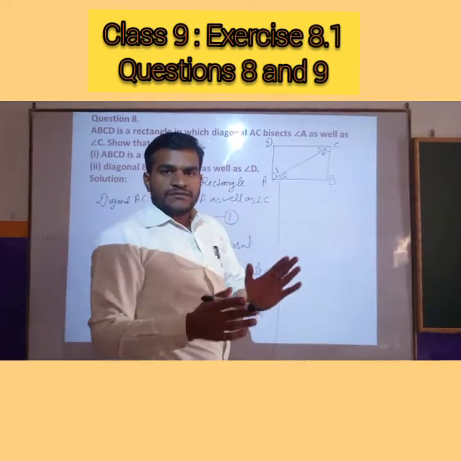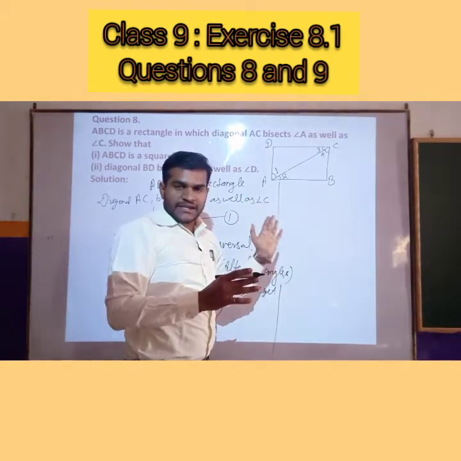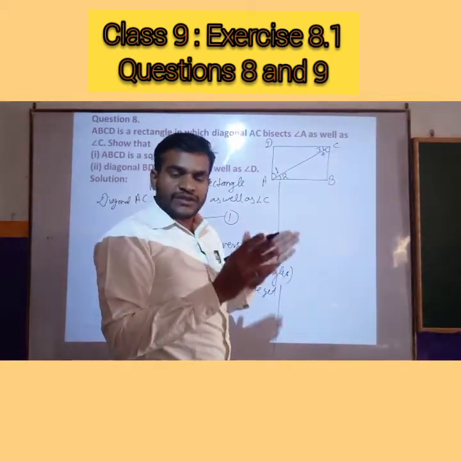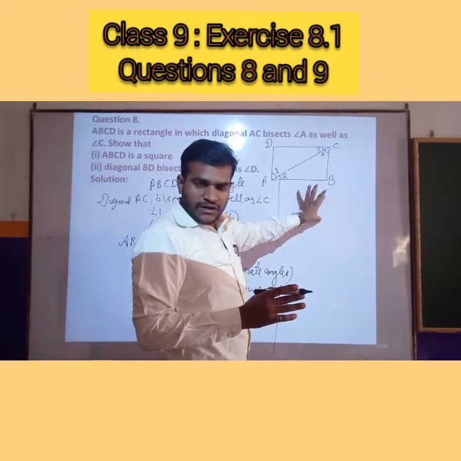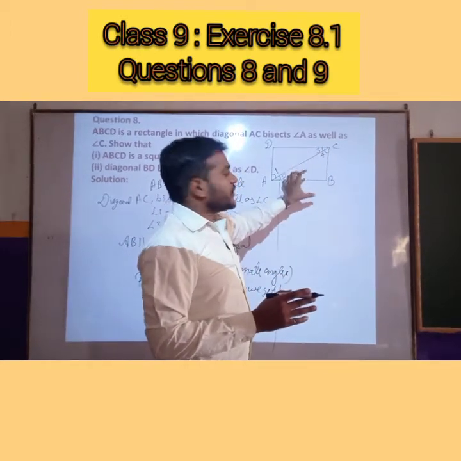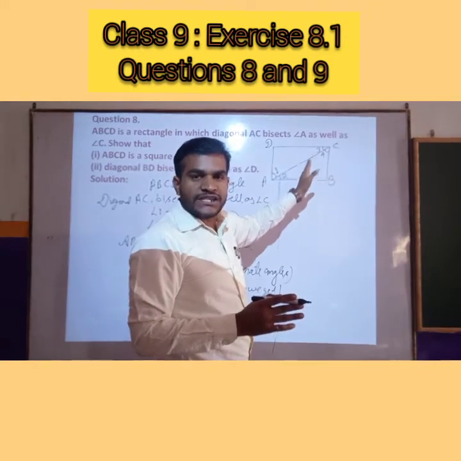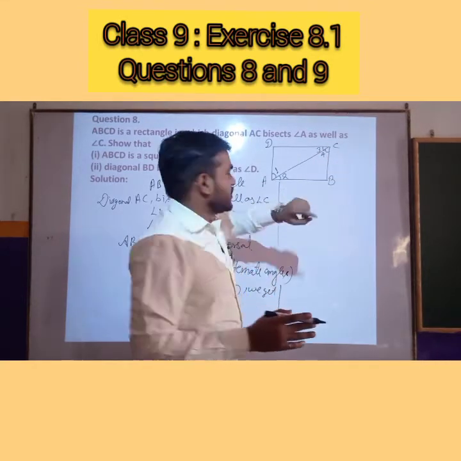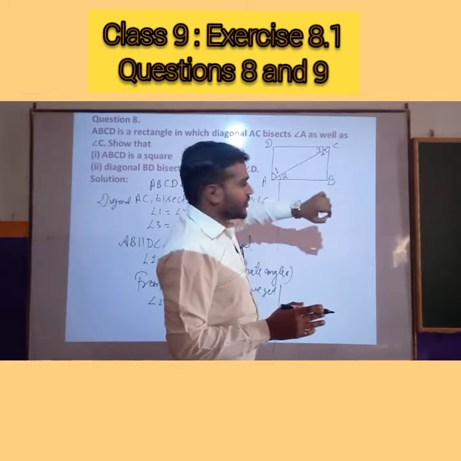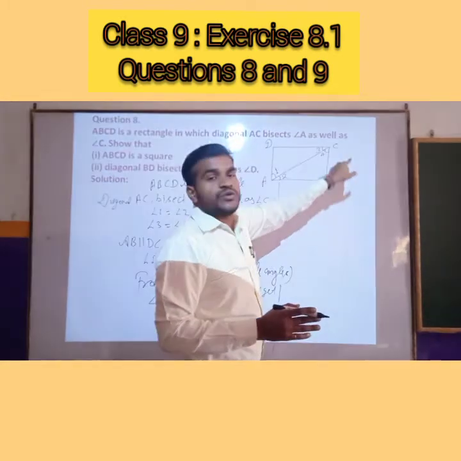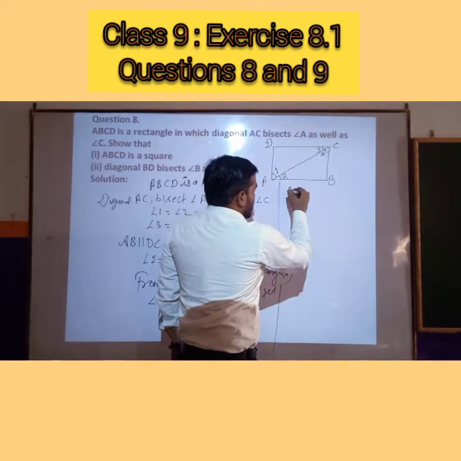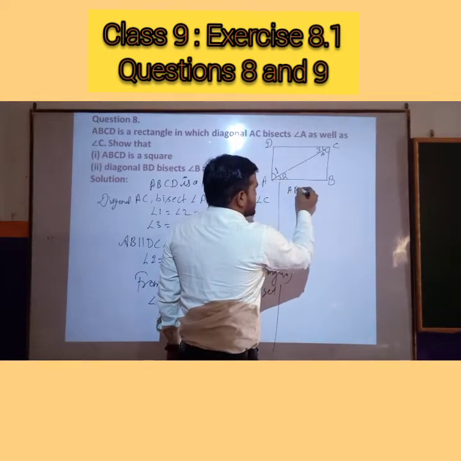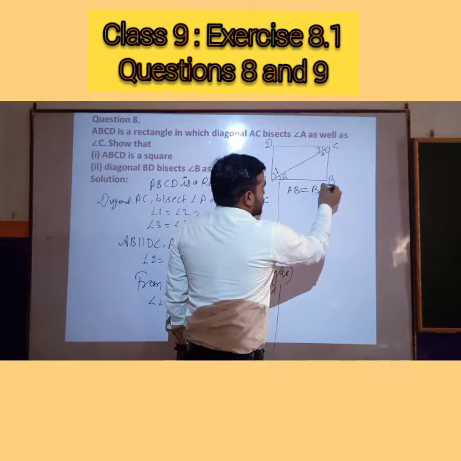In the chapter on triangles, we have learned a theorem: opposite sides of equal angles are equal. If angle 2 is equal to angle 4, it means AB is equal to BC. So children, what do we write? AB is equal to BC.